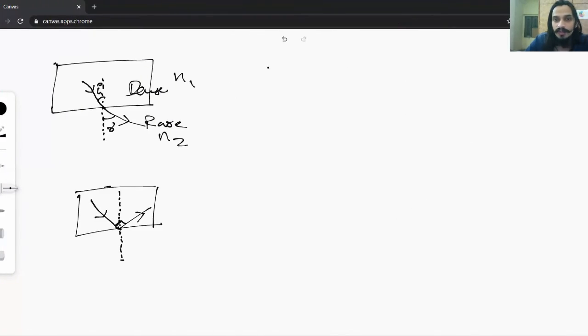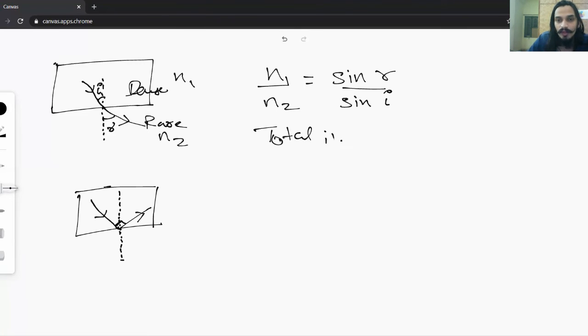Now, we know from Snell's law that n1 by n2 will be equal to sine R by sine I, right? Now, n1 and n2 we already know is nothing but the refractive index. But in the case of total internal reflection, we know that there is something called the critical angle, right?